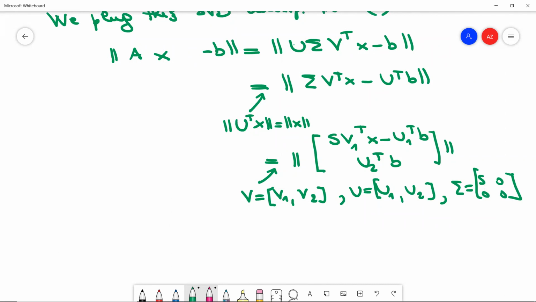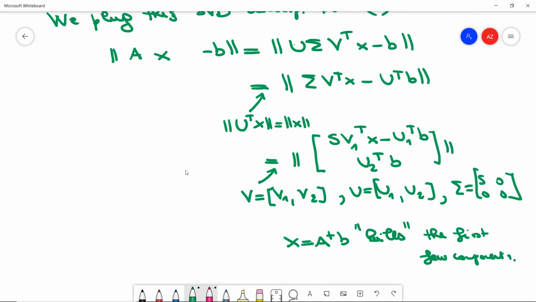So this means that the solution which minimizes the difference between AX and B is exactly the one that kills the first component of this vector, and this is X equal to A plus B. You can look at the precise computation on page 23 of handouts.